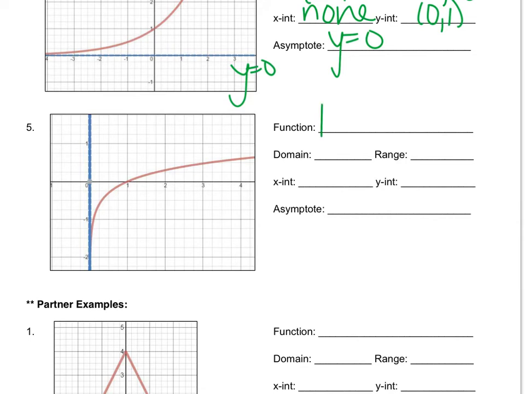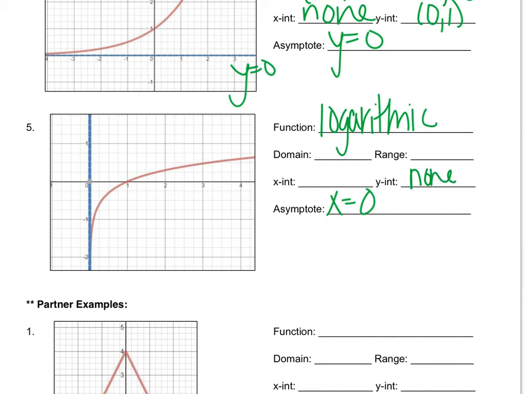So the next example is going to be a logarithmic function. The asymptote here is a vertical line, so that's going to be x equals 0. And hopefully we make the connection from the last example that since the asymptote is the y-axis, there cannot be a y-intercept.